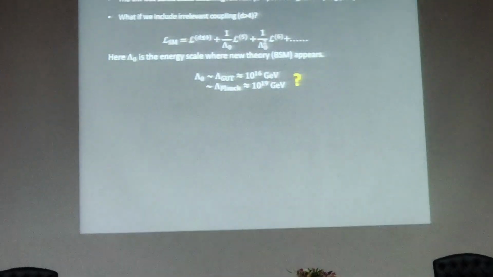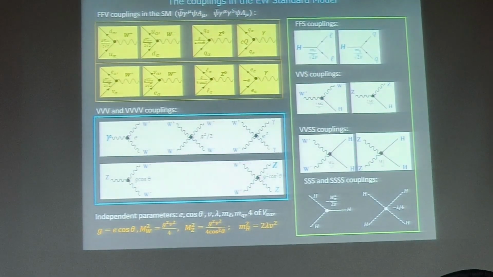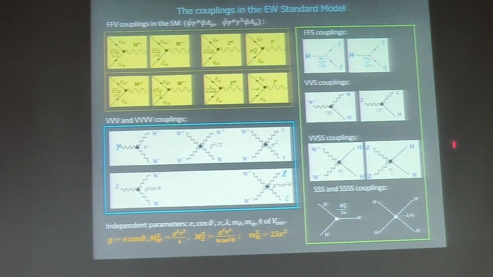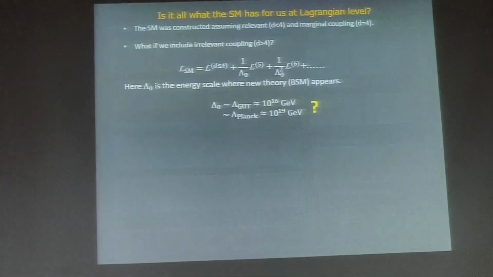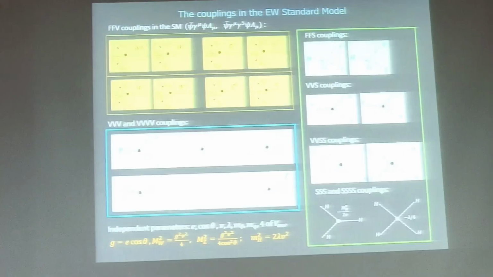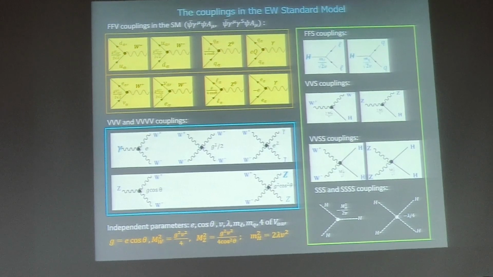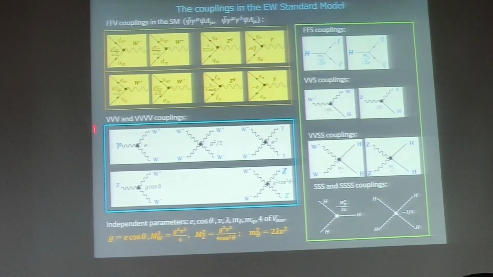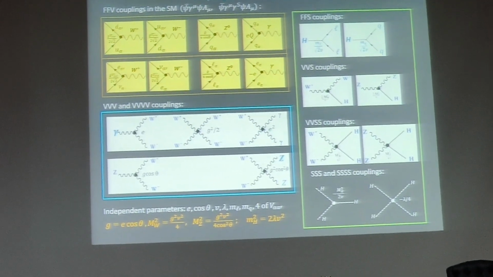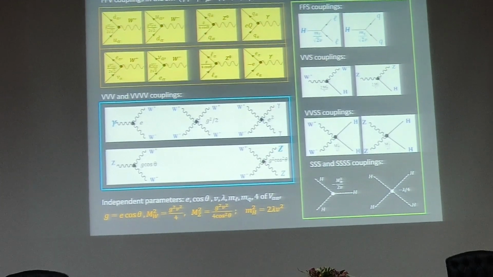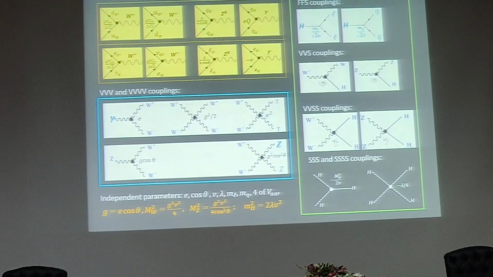Okay, so finally, just 1 or 2 minutes. Is that all the standard model offers to us? The answer is no. If you look at the interaction terms, which are depicted by these pictures over here, they are all interaction terms in which the total dimension of the fields is 3 or 4.